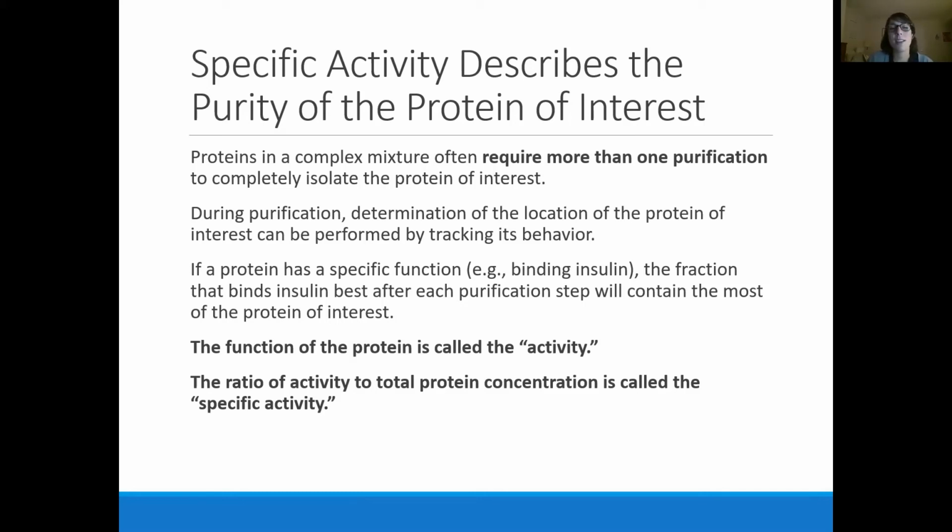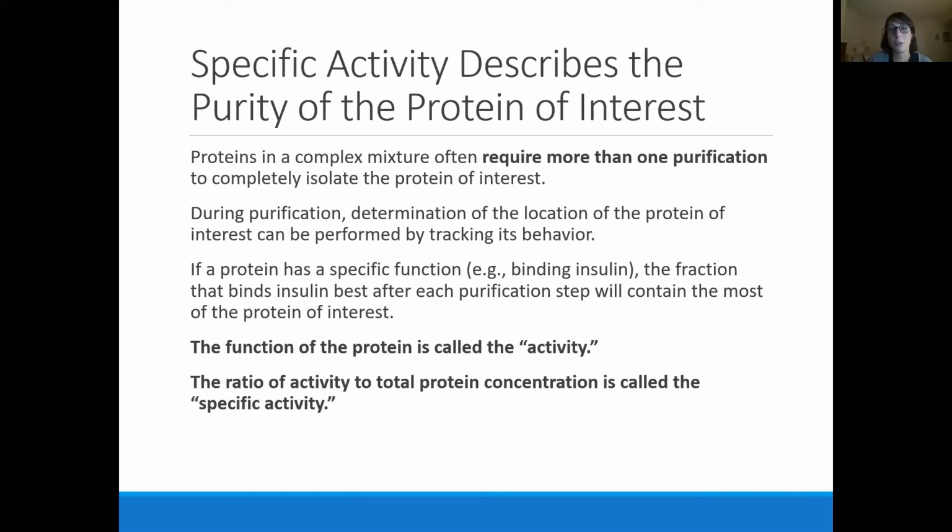So if a protein has a specific function, like if it binds insulin, then the fraction of that solution that binds insulin after each separation step is what contains my protein of interest. Generally, the function of a protein is called its activity.